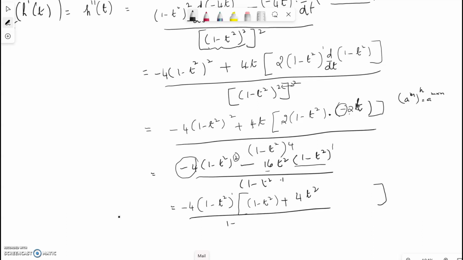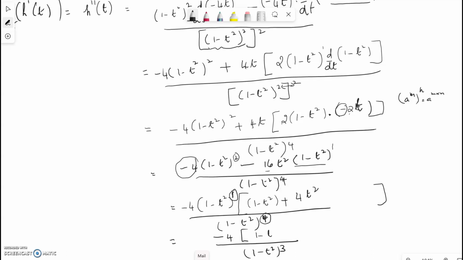Whole divided by 1 minus t squared to the 4th power. Notice this is to the 1st power, this is to the 4th power. One of the 2 gets cancelled. So we have negative 4 and then 1 minus t squared to the 3rd power. 4 minus 1 is 3 because the base is the same.